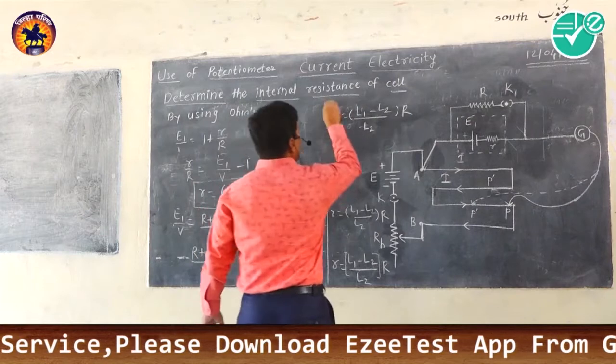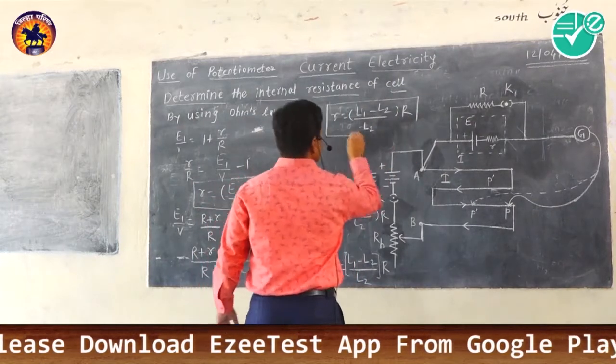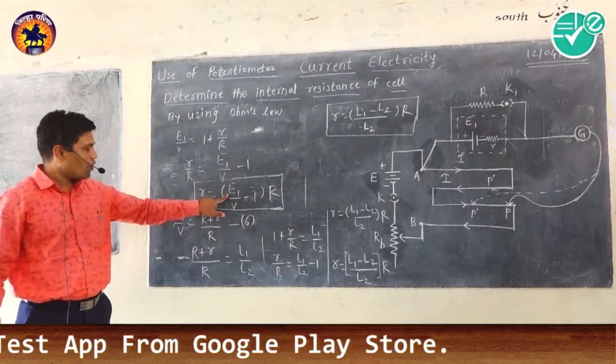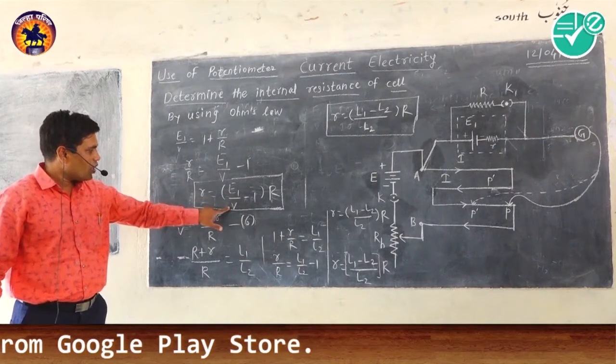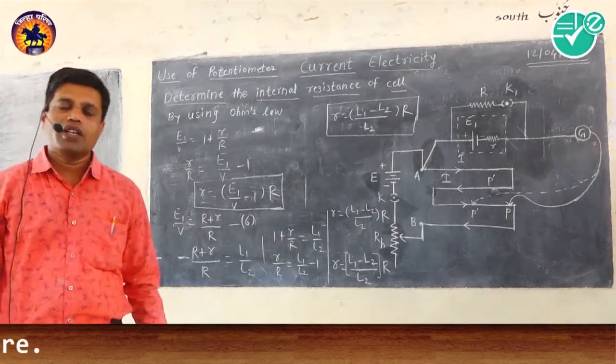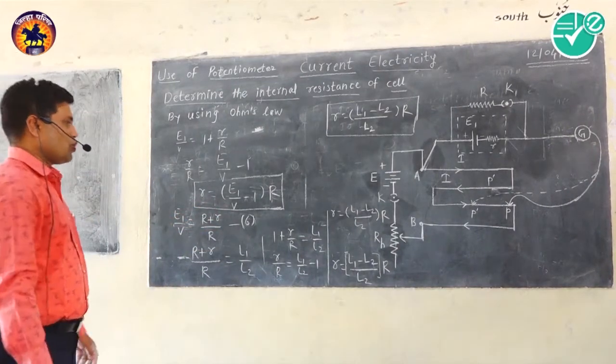The regularly used equation is the one in terms of L1 and L2. And if you have the EMF of a cell E1 and the terminal PD V, then you can use this equation also to calculate the internal resistance of a cell using a potentiometer.